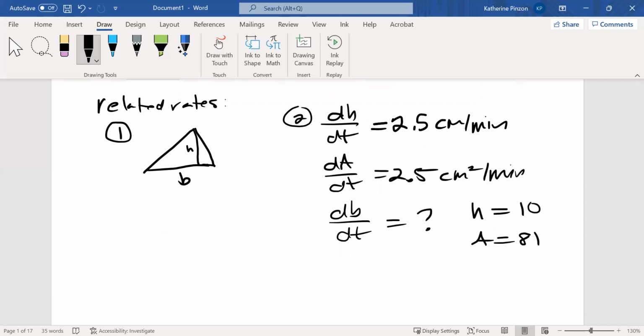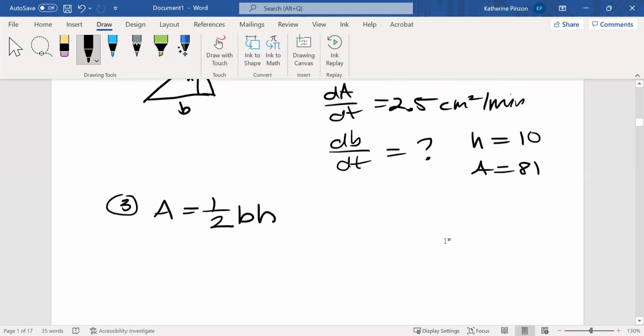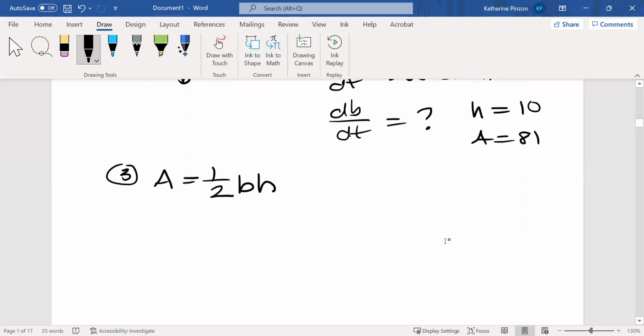Do you know an equation that relates area, base, and height? The area is equal to 1/2 base times height. Absolutely. And now what do I do? Take the derivative with respect to t. What do I need to use on the right-hand side here?